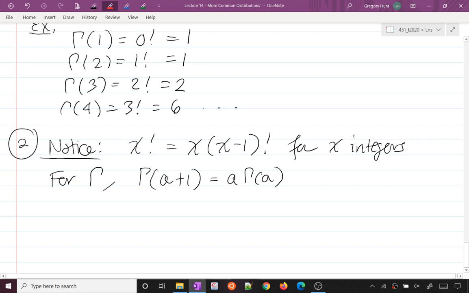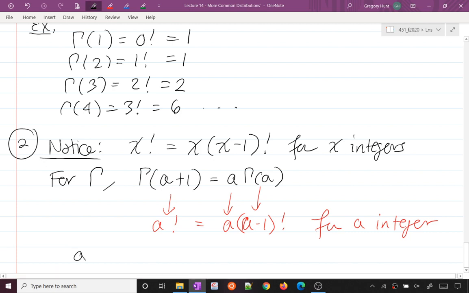Notice that gamma of a plus 1 is a factorial, if a is an integer, would be a times gamma of a, which would be a minus 1 factorial, right? So that's definitely true for integers. But this is more generally true. For any real number, be it an integer or not, gamma of a plus 1 is a times gamma of a.